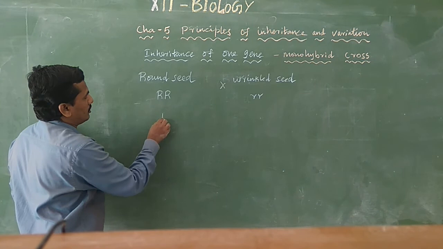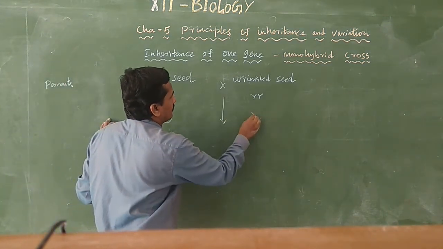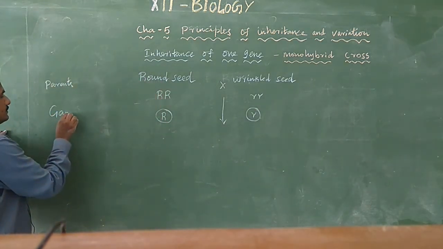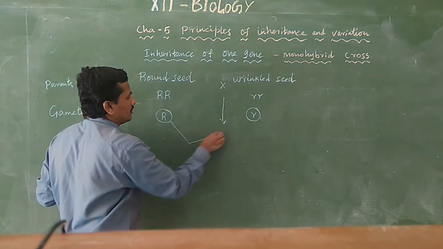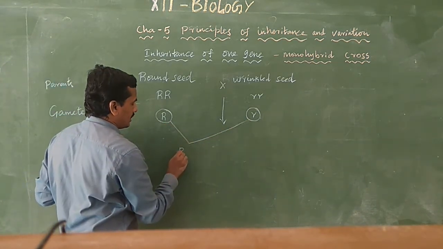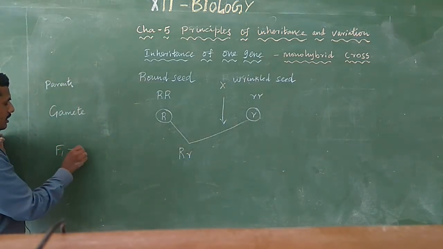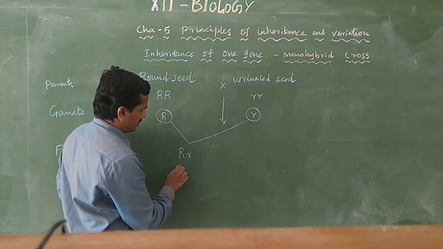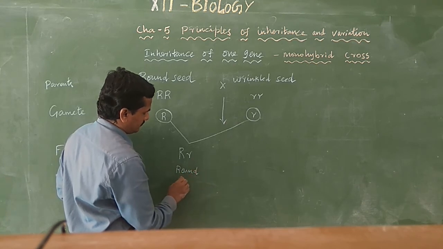Then the plant produces male gamete and female gamete. In the F1 generation, capital R small r. This is the F1 generation, the first filial generation. Morphologically, this is the plant producing round seed.